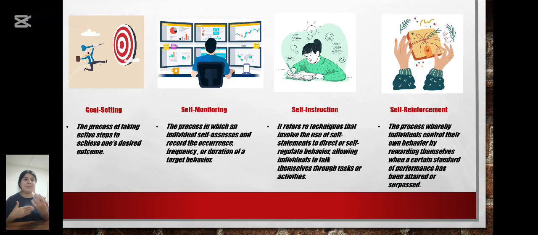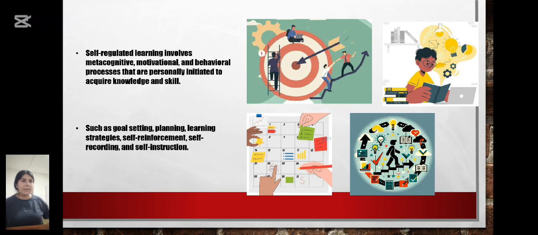But if you do not make your plan before the deadline, it will not be nice at all. So let's see other self-regulated learning definitions. Now let's continue with them.